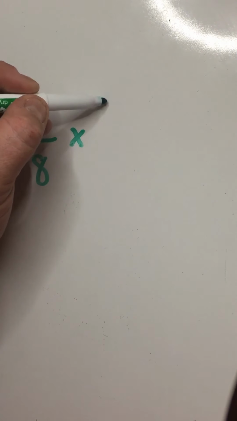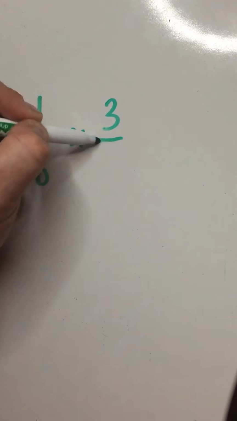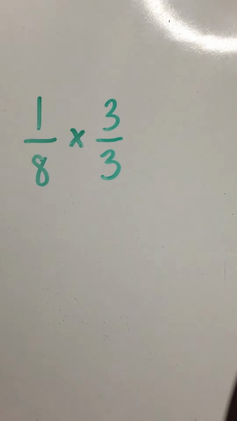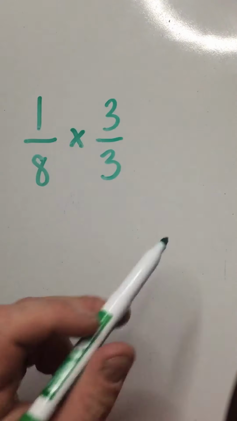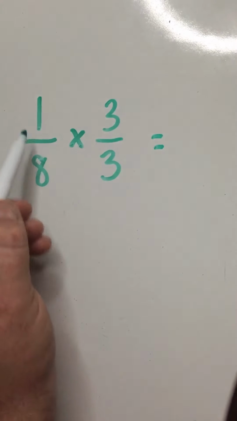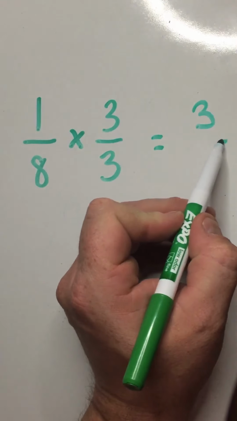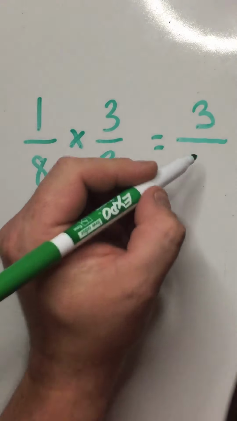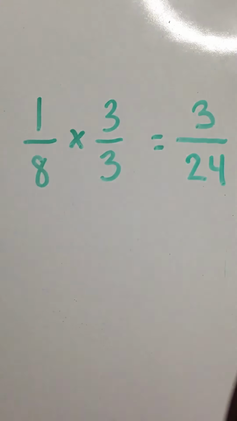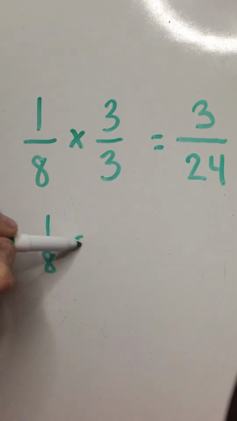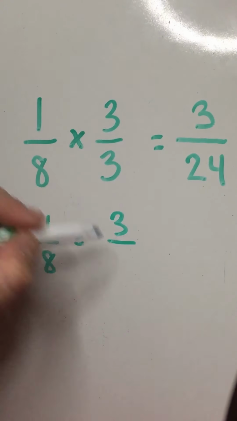So let's go with 3/3. Now when you multiply fractions, you just multiply the top and multiply the bottom. So in this case, if I have 3 times 1, I'm going to get 3. And then if I have 8 times 3, I'm going to get 24. So 1/8 equals 3/24.